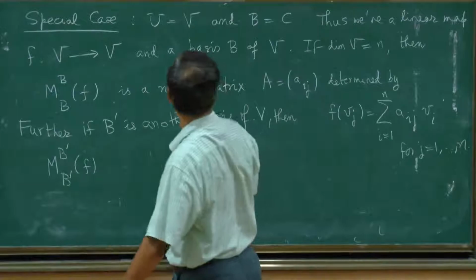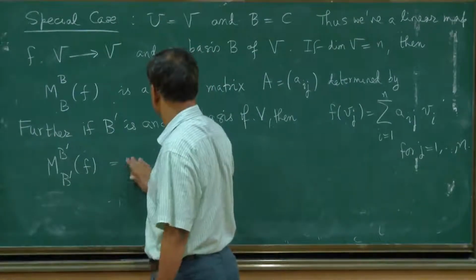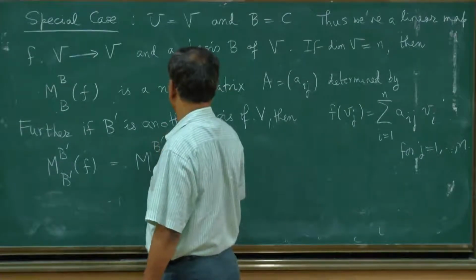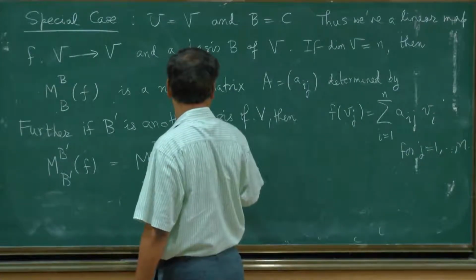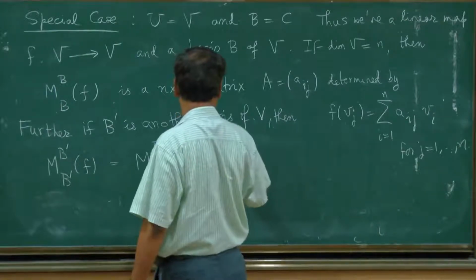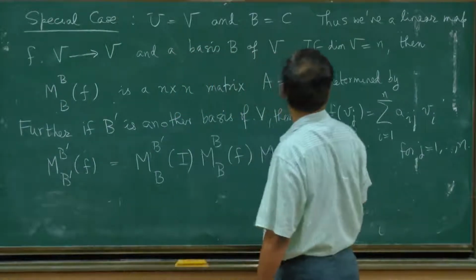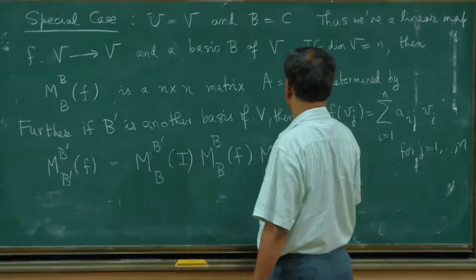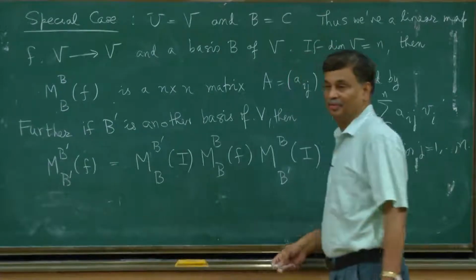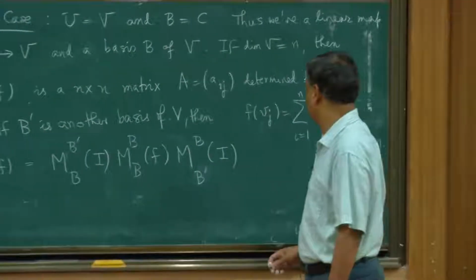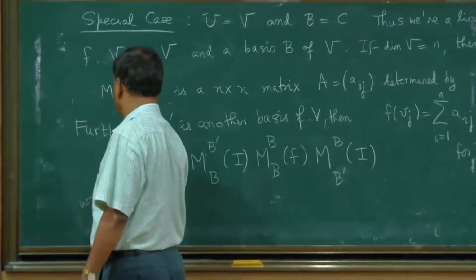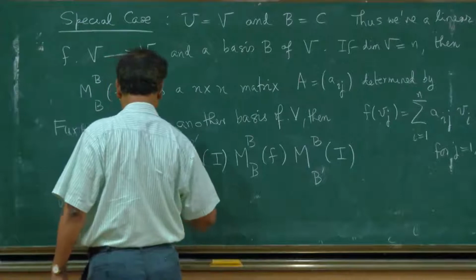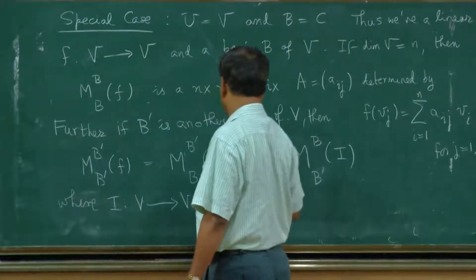So, it will be M B B dash I, M B B F, M B dash B I, right, where I is the identity map.